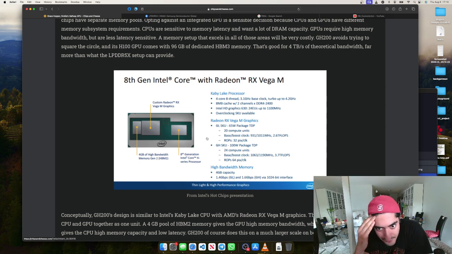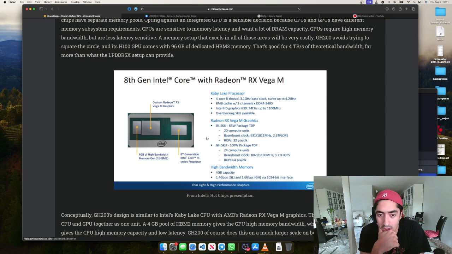With Radeon RX Vega M. So you have your 4 GB of high bandwidth memory Gen 2. You have your custom Radeon RX Vega M graphics. You have your 8th generation Intel Core 8 series processor.